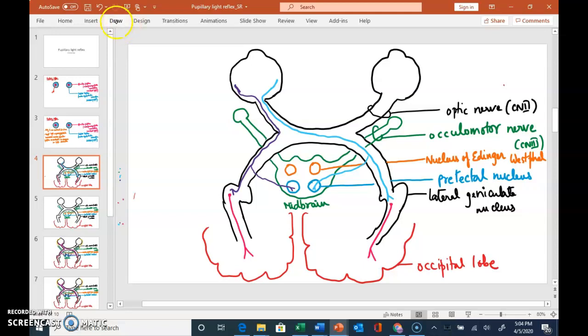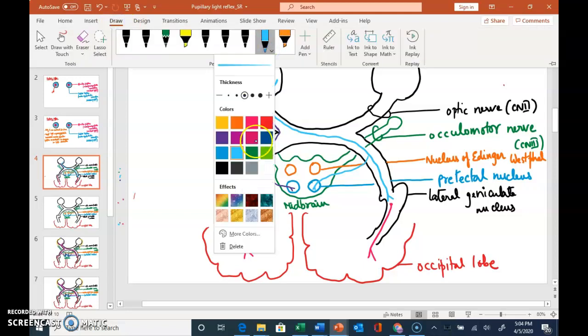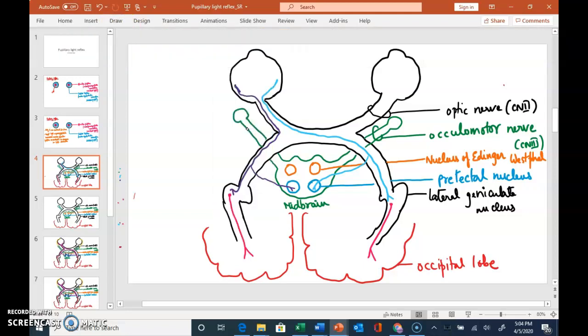And from the pretectal nucleus, there is another neuron that carries the information to the nucleus of Edinger-Westphal on either side. Do you see this? So this will carry information on either side.